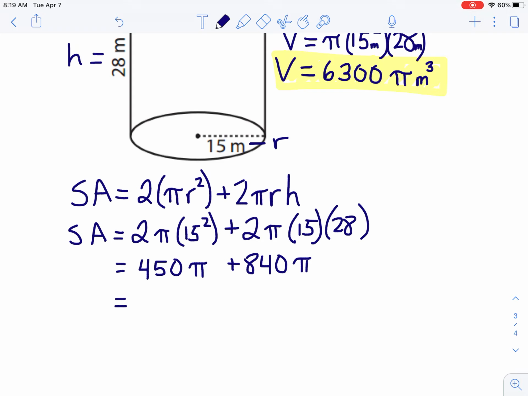So all you have to do, they're like terms, they both have pi in it, is add those two together. And now that it's area, it's only 2 dimensions, so it's meters squared.